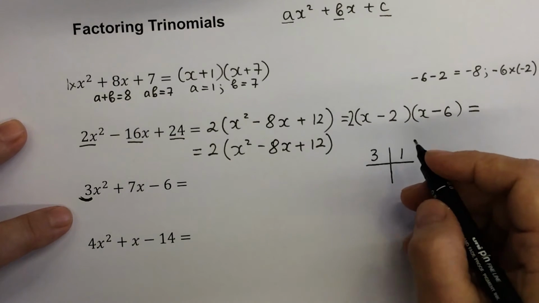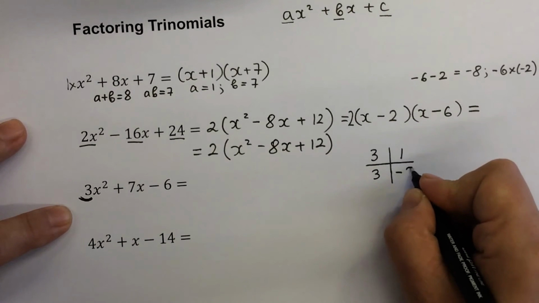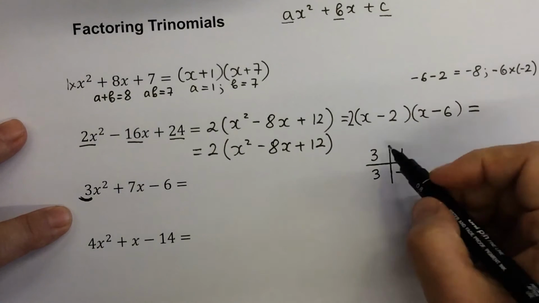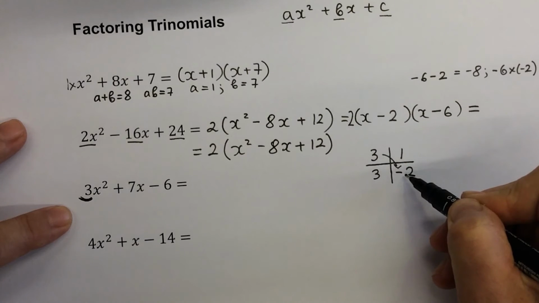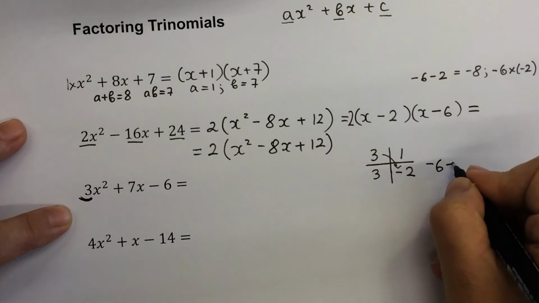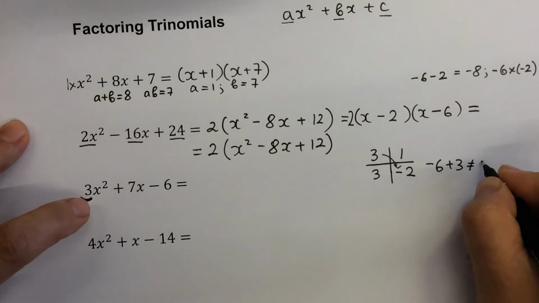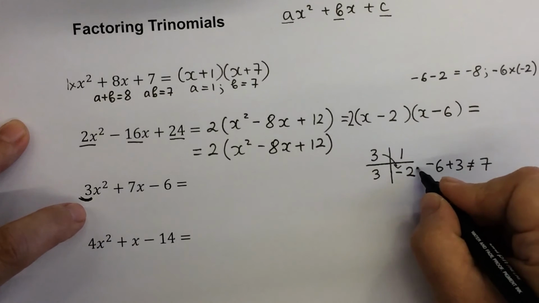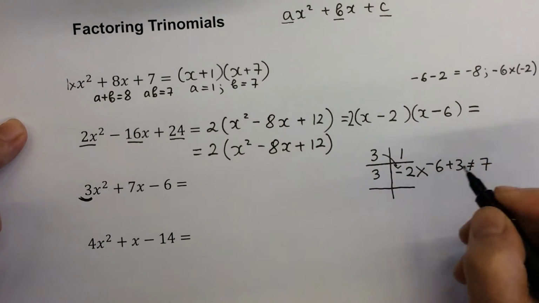For example, we can think of 3 and minus 2, right? Now cross multiply. 3 times minus 2 gives me minus 6, plus 3. Does it give me 7? No, it's not equal to 7. So this doesn't fit.